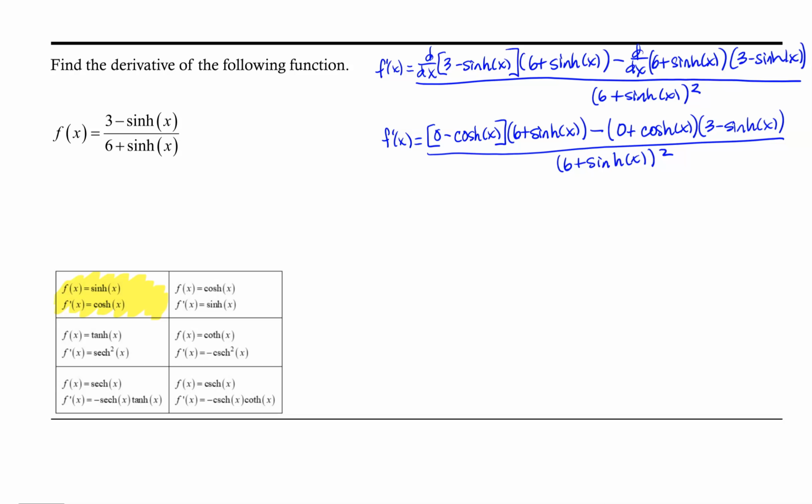At this point, we can use the distributive property to multiply out our products in the numerator.